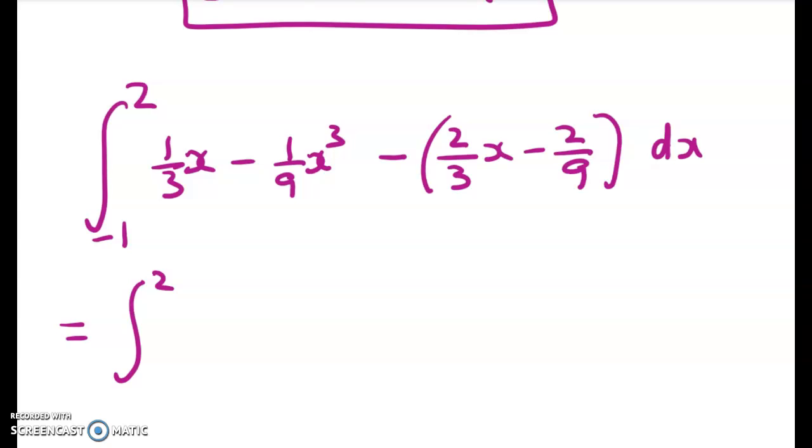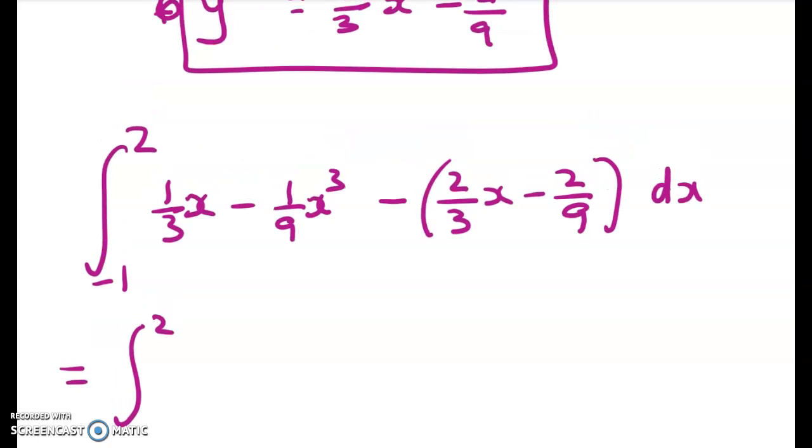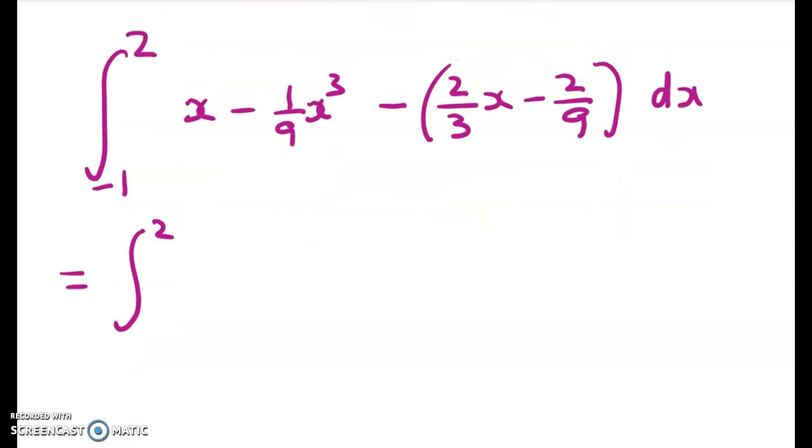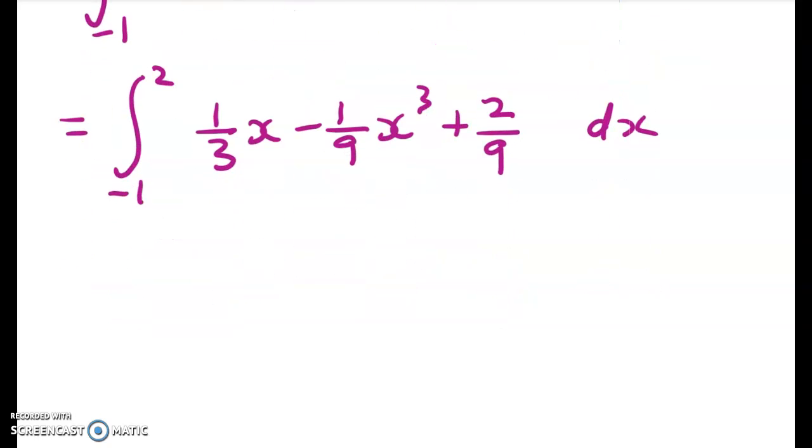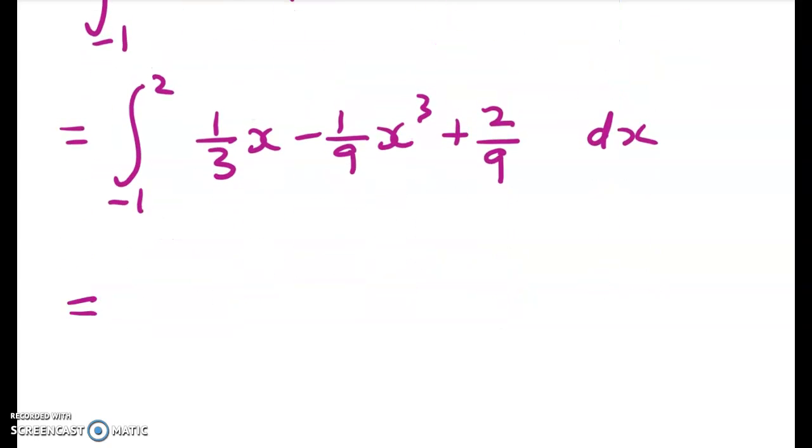Let's see. Sorry, I've made a mistake in there. That's not 1/3 x, that's just x. Okay, so from 2 to -1, x minus 1/9 x cubed plus 2/9. So a very, very easy integral. All of the thinking in this question is in the earlier part. So we end up with this.